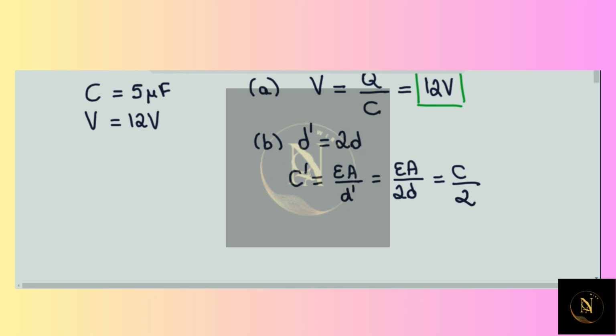Well, the potential difference is equal to Q divided by C prime. So V prime is Q divided by C prime. So this is 2Q divided by C. Now, Q divided by C is the original potential difference, which is 12 volts. So it's 2 times 12, and that is 24 volts.